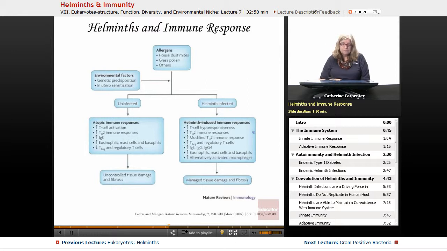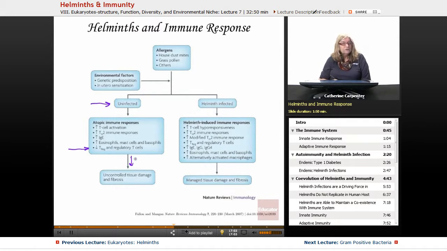People can be genetically predisposed, they can be sensitized during gestation, and individuals who are uninfected by these helminths have these atopic immune responses, increased T cell activation, eosinophils, and importantly, a decrease in T regulatory activity. And remember, that's the activity that suppresses inflammation. And so what we end up getting is uncontrolled tissue damage and fibrosis. And again, this is an allergic reaction.